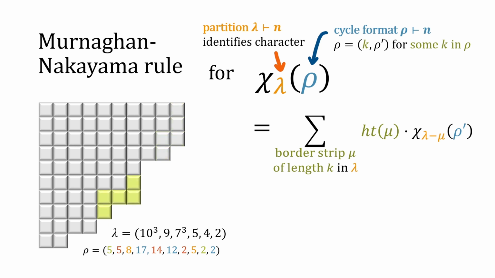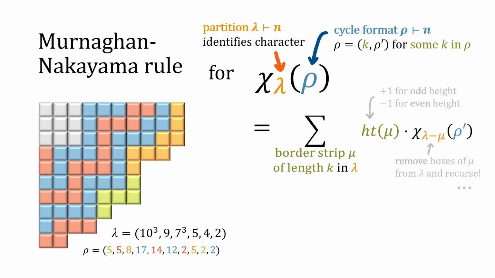The term corresponding to a strip is a particular sign, depending on the height of mu, times the value you get from recursively applying the rule. In this recursive application, you take the character for lambda with mu removed and evaluate it on the cycle format rho prime. And this will terminate at some point.